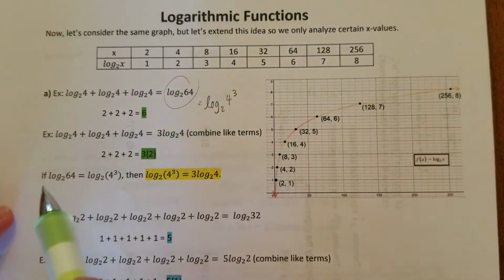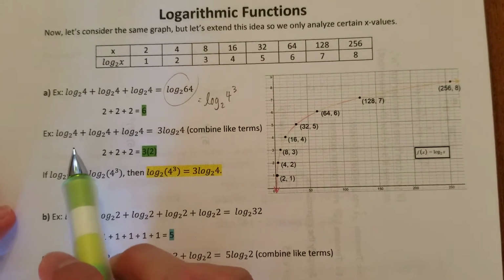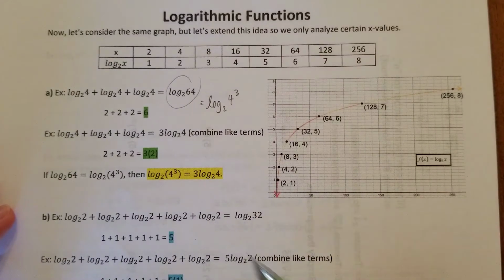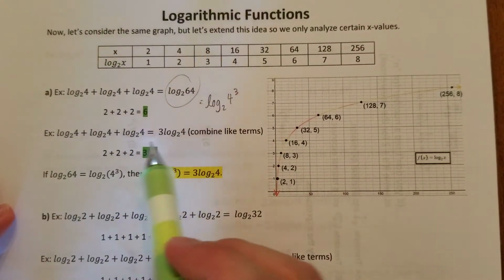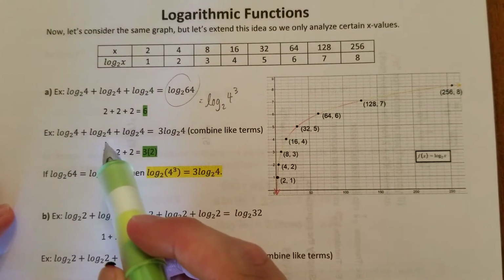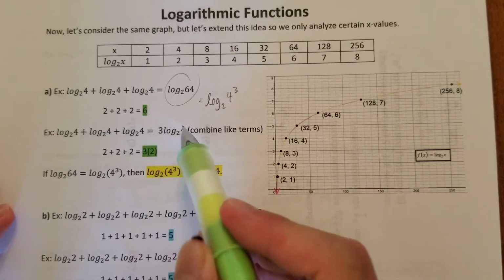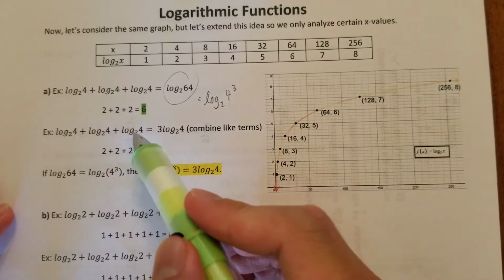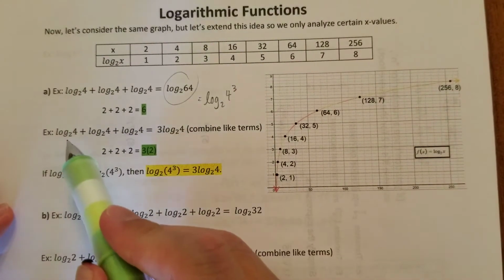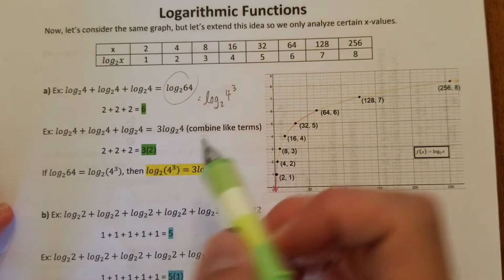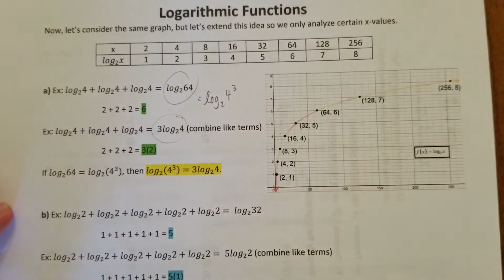Okay? And we have another example. When we add these here, recall that this is the same thing as combining like terms. Like if this was x plus x plus x, that equals 3x, right? So this expression is the same as this.